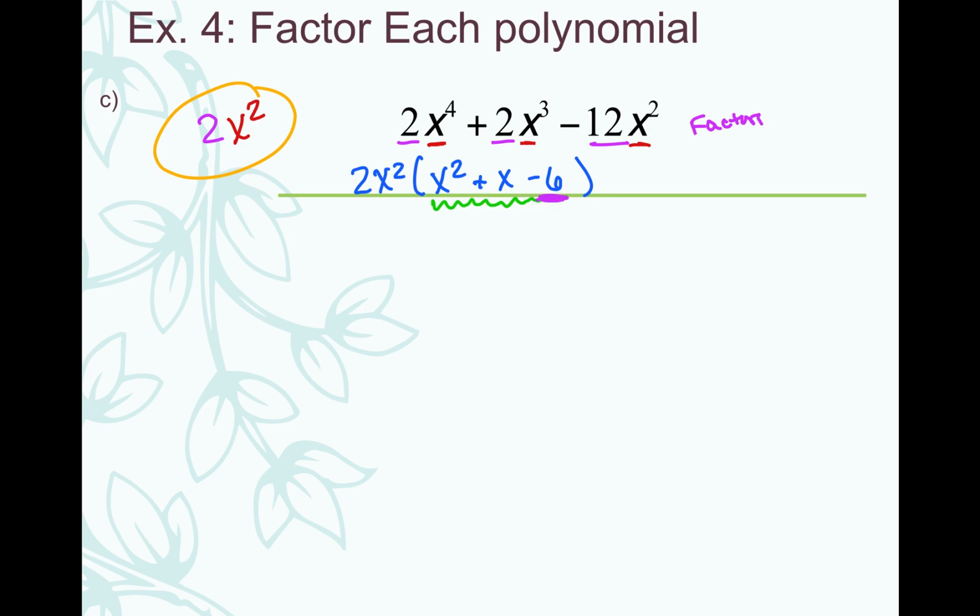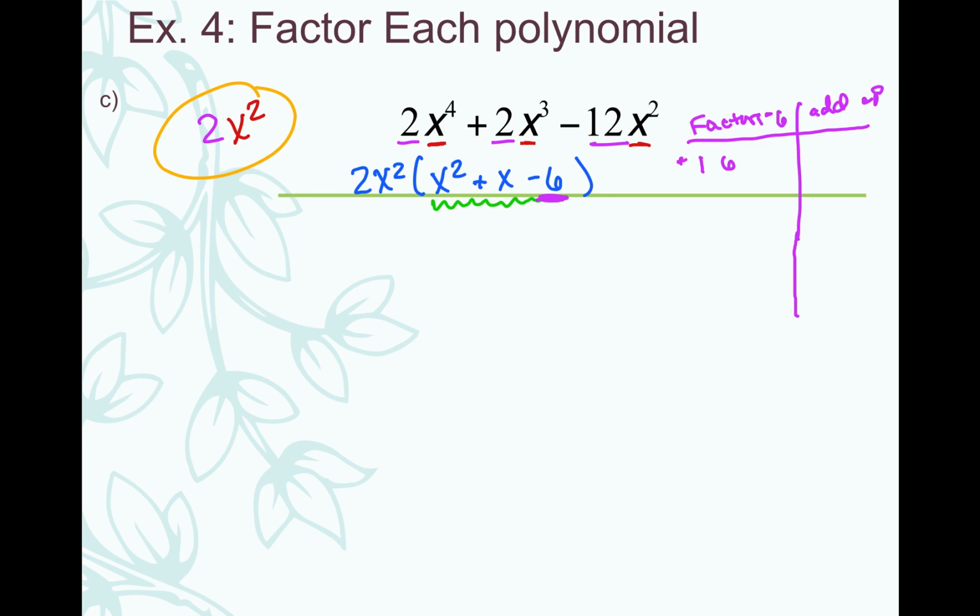6 right here, aiming to get to a negative 6. And we want to see what they add up to. So let's see. What are some of my factors of negative 6? That would be, let's see, 1 and 6. And remember, I'm looking for a negative 6. So that means I need to have a positive multiplied by a negative.